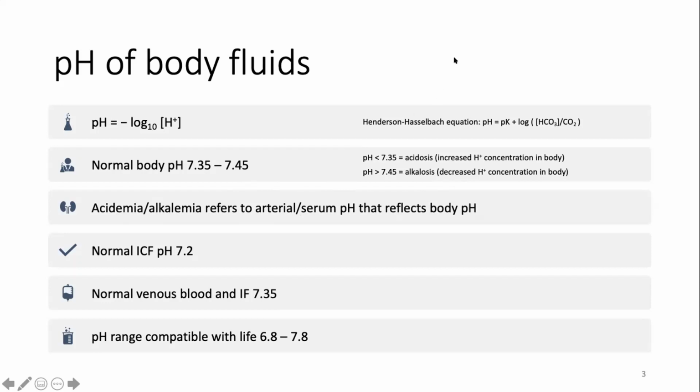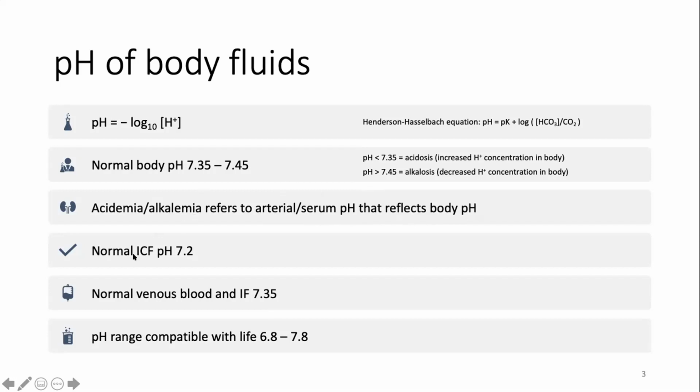However, these two terms actually reflect the body pH as a whole, because the different compartments of our body will try to maintain homeostasis, meaning that if some part of the body, for example the artery, has too much H plus, it will try to buffer and distribute the H plus to the other parts of the body as well. So although we only measure the arterial pH, it really reflects the body pH.